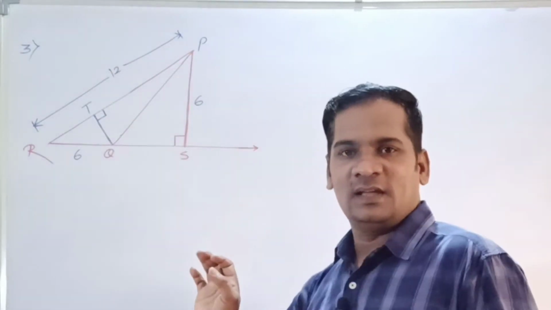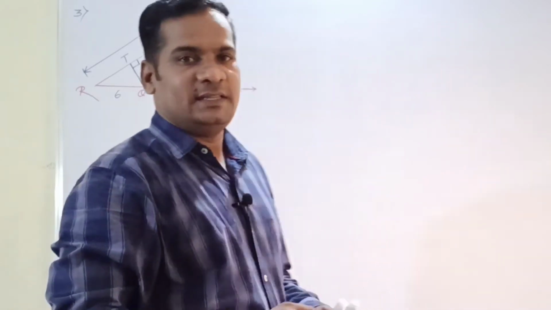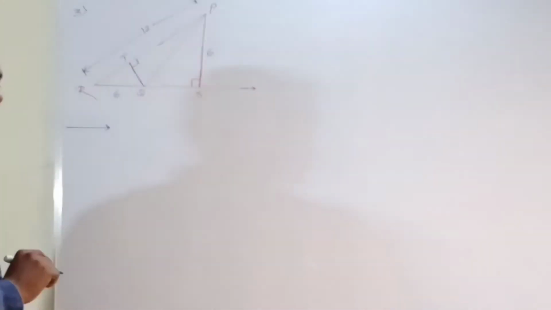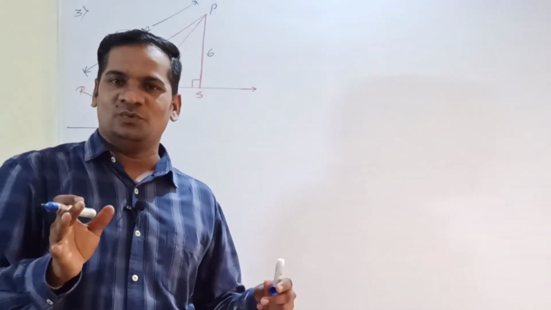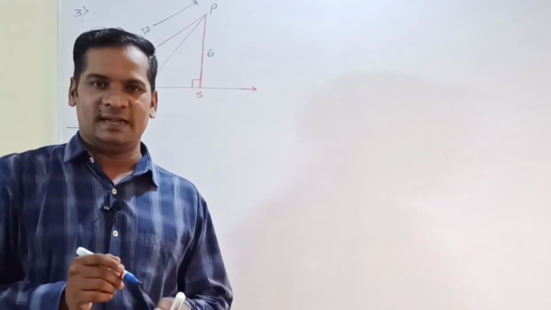So let's find that QT by using the formula: area of a triangle is equal to 1 upon 2 into base into height.